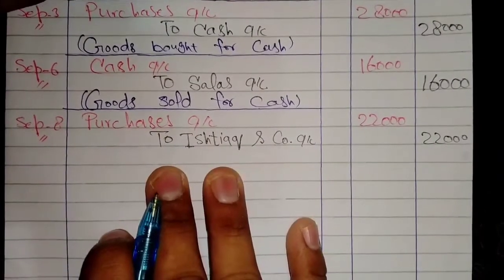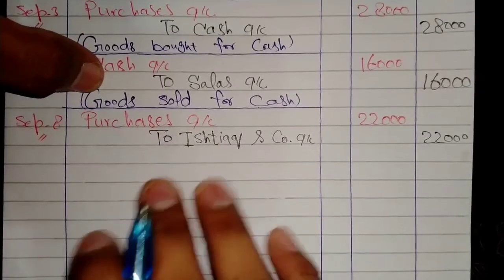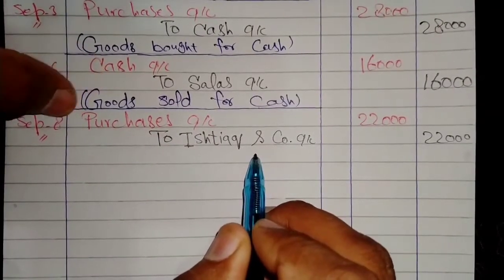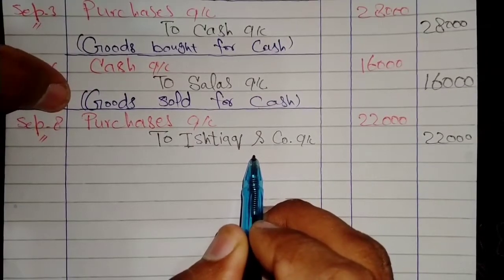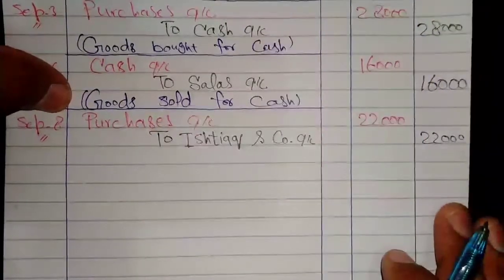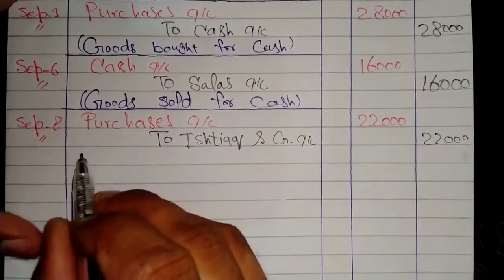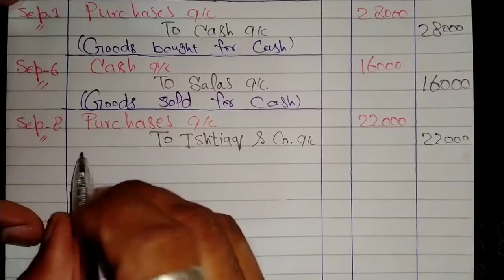Dear students, please listen carefully. We will write the name of the supplier here because the purchase has been done by the business on credit or account basis. So the description of this entry will be goods bought on credit.